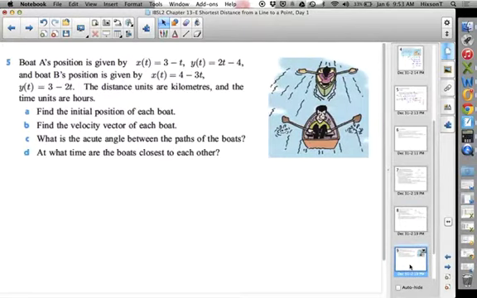Here, you're actually looking at 2 different boats traveling rather than just a point to a point. Finding the angle between paths is kind of a throwback to stuff we did earlier. And then here, at what time are the boats closest to each other?